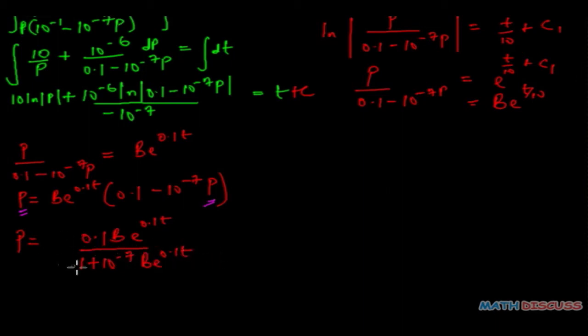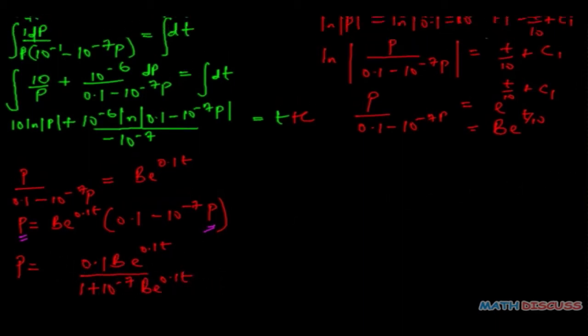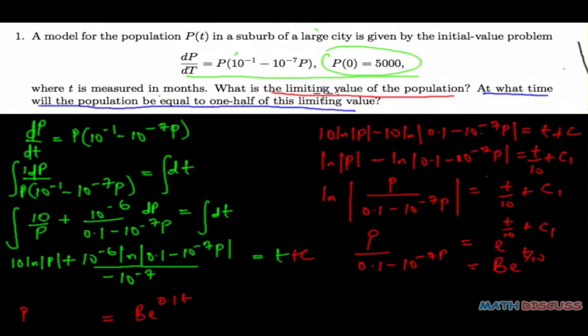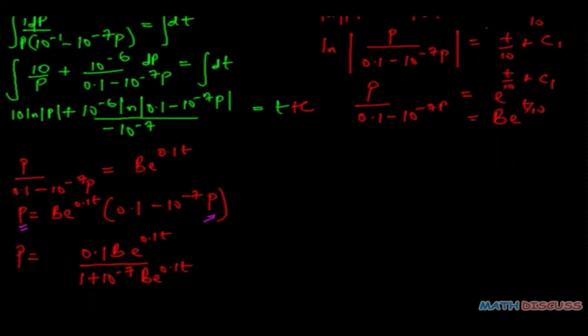This is what we had in finding the general solution of this differential equation. But we're given an initial condition that says at time t equals 0, the population is 5,000. So let's implement this initial condition.